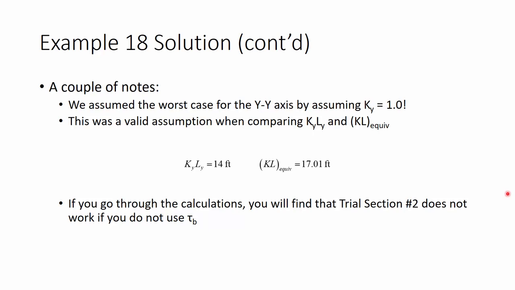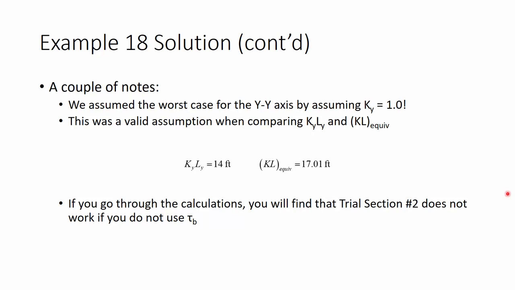Well, the short answer is every single time that you use tau, you will squeak out more capacity if the strong axis governs, pretty much every time. Especially in a scenario like this where you're assuming K is 1 along the weak axis, so tau doesn't come into play along the weak axis, so really tau is only going to affect your strong axis capacity.